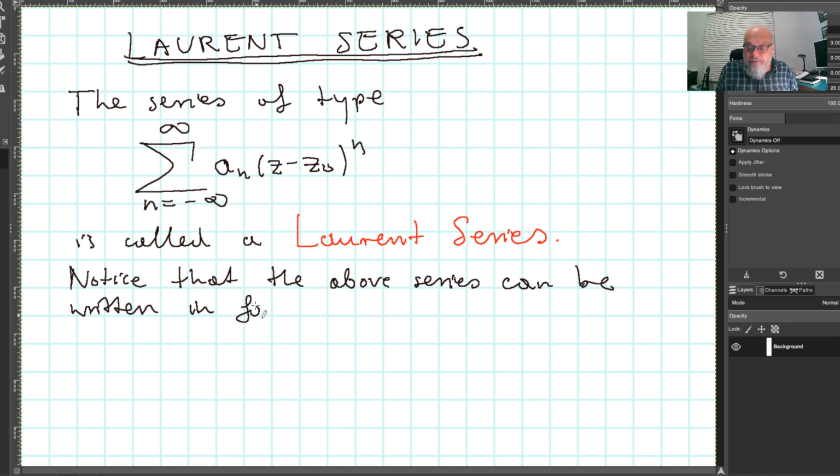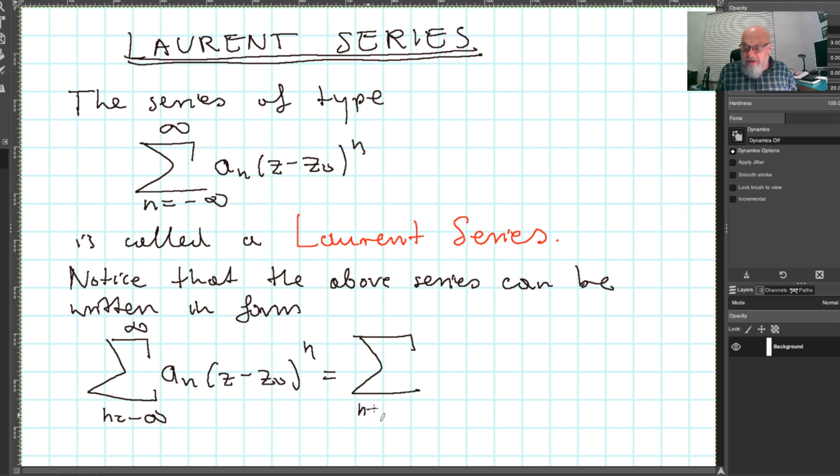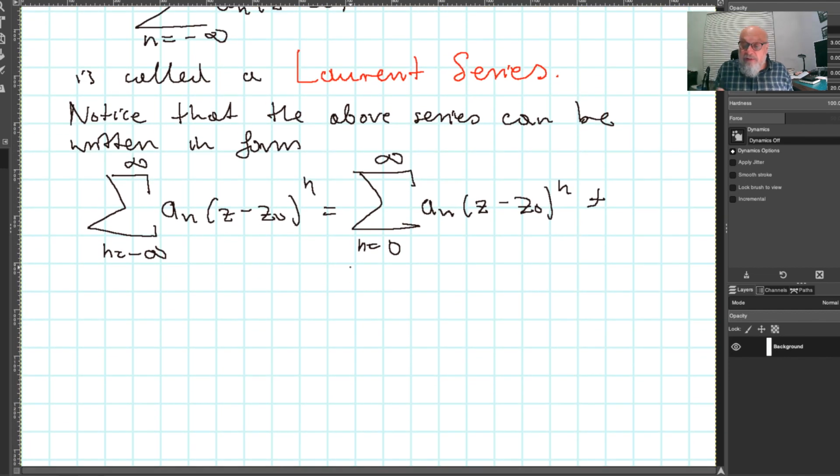So the sum from n equals 0 to infinity of a_n times (z minus z0) to the power n is the portion of this Laurent series which is just a regular power series. Plus the sum starting at 1 to infinity, and those are the negative powers.